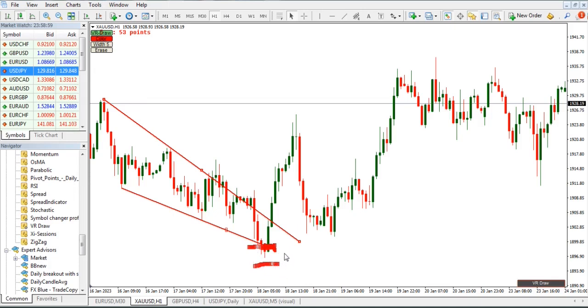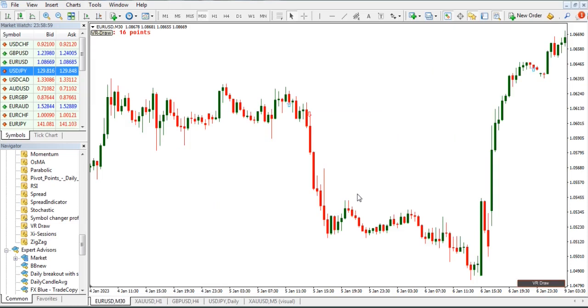So you would have avoided a losing trade, because normally, guys, let me take an example here of how the market moves. We can plot lines like this. You see, guys, the market was in an uptrend.